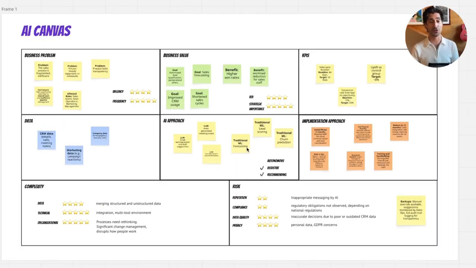So this is something you can do in your organization. You pack the relevant people into a meeting room and you work out each of those 8 fields of the AI canvas. Or this is something that you get an outside consultant in for. That's something I do with organizations as well. So if you need help, definitely let me know and I can help you through that process as well.